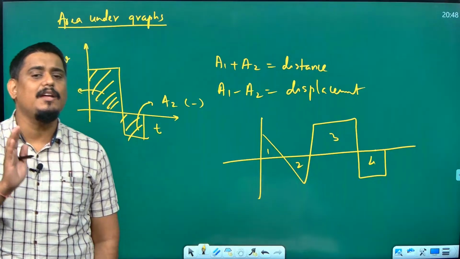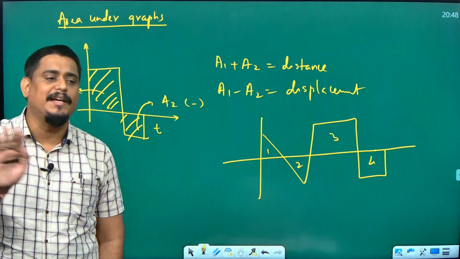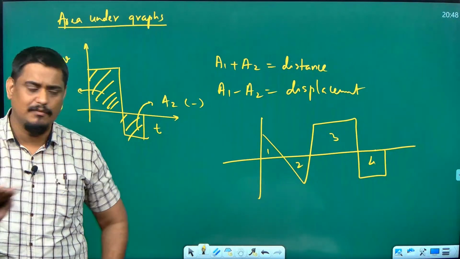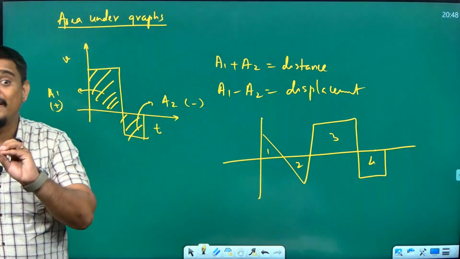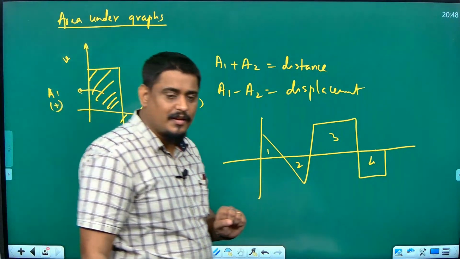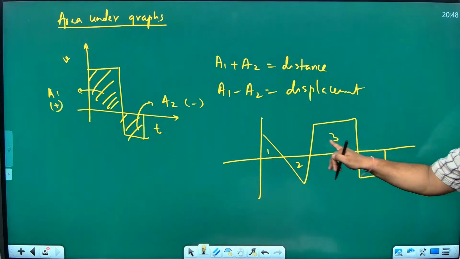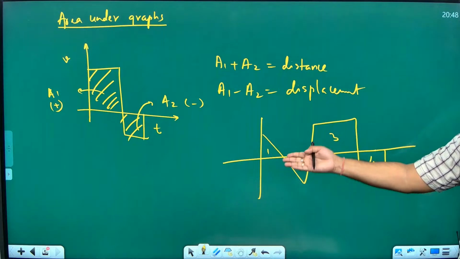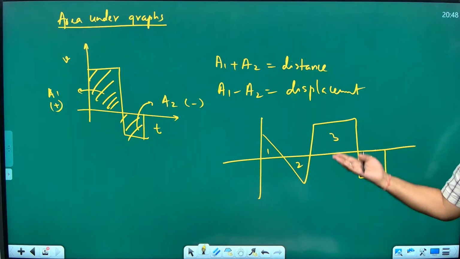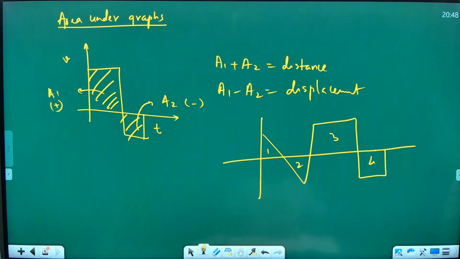If you are adding all the areas without minding the direction, add everything, 1, 2, 3, 4, you will get distance covered. If you mind the directions, for example, here it is negative, negative, positive, positive, so you will write 1 minus 2 plus 3 minus 4. That gives you displacement. Got my point?